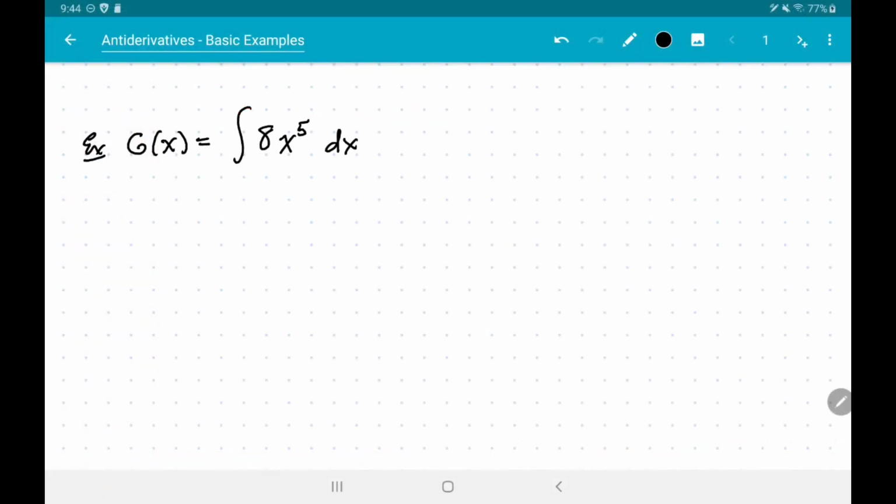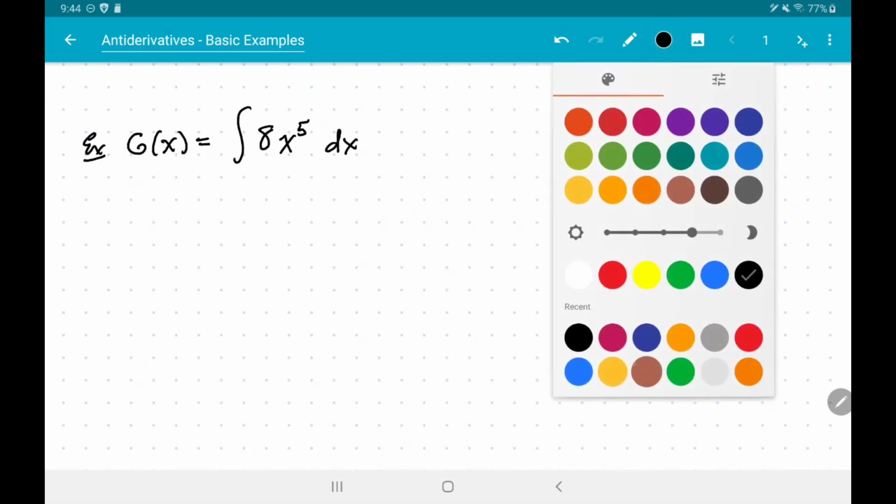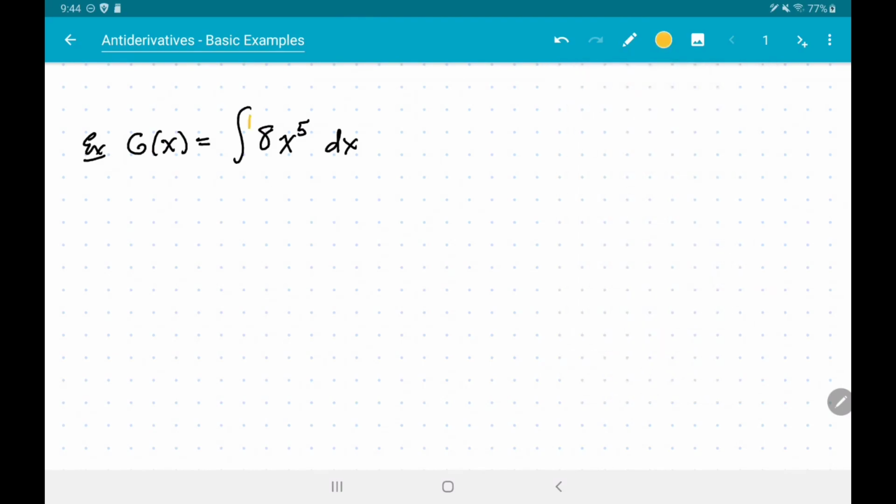Okay, so first, looking at the function inside the integral sign, you can see that there's multiplication of the constant 8 by x to the 5th, and that is the outermost operation. We'll get to the power rule here in a moment. The first step is simply to hop the 8 times outside the integral symbol.